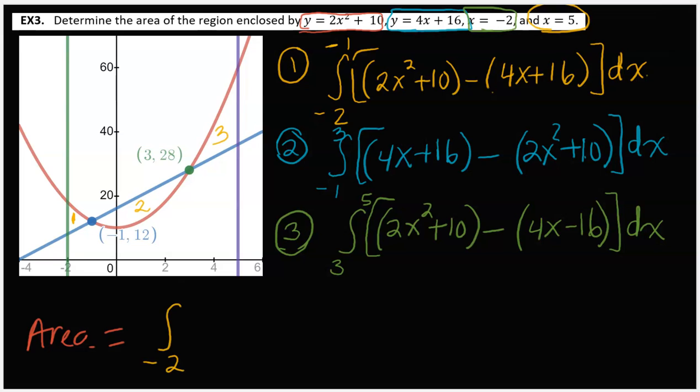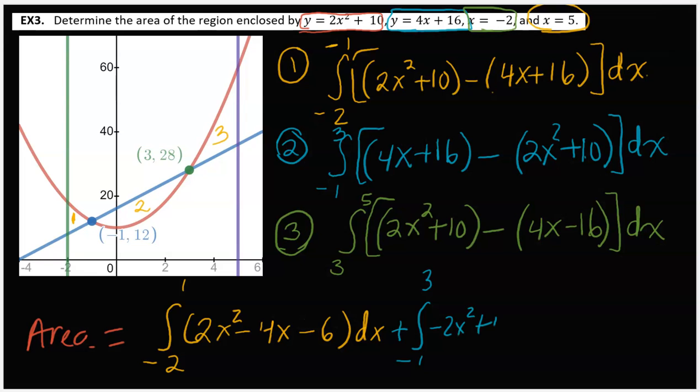So it would be the integral from -2 to -1, and if you clean that part up, you would have 2x squared minus 4x minus 6, integrating with respect to x, plus the integral from -1 to 3, and if we clean that up, we get -2x squared plus 4x plus 6 with respect to x, plus the integral from 3 to 5 of 2x squared minus 4x minus 6 with respect to x.